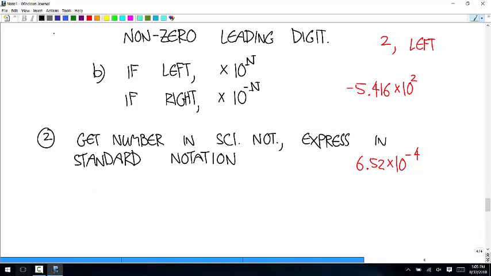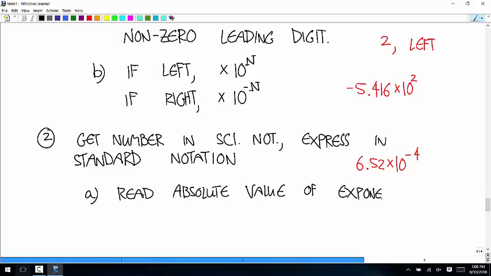So the first thing you have to do is read the absolute value of the exponent and its sign.